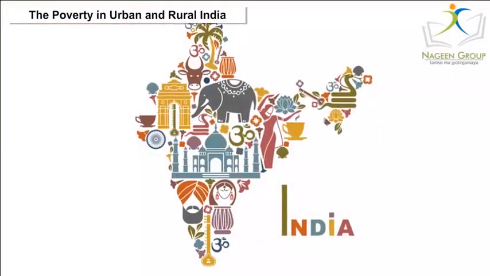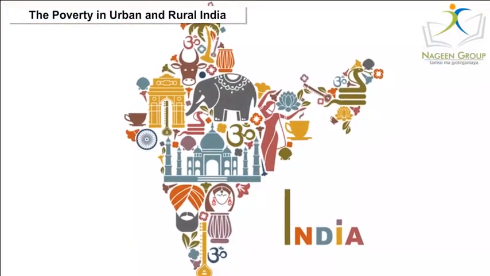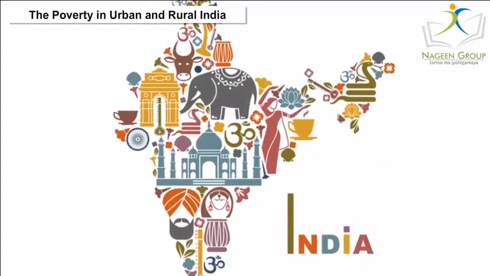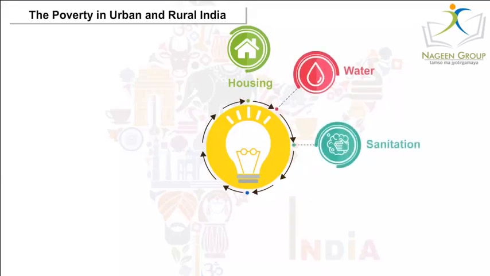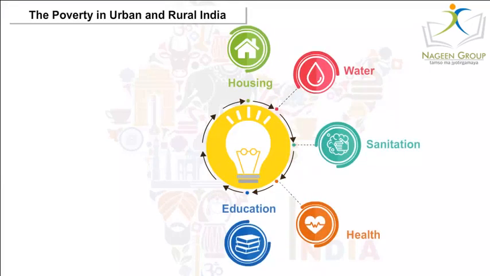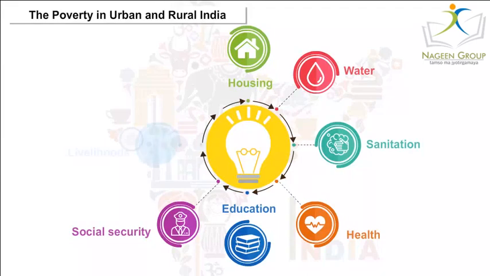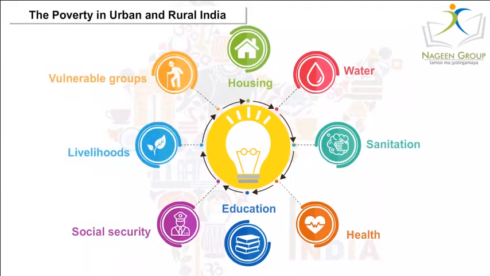Poverty in urban and rural India. The nature of urban poverty poses distinct challenges for housing, water, sanitation, health, education, social security, livelihoods, and the special needs of vulnerable groups such as women, children, and the aging.